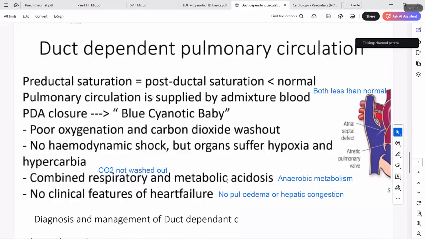And they will not be getting any features of heart failure and hepatic congestion.